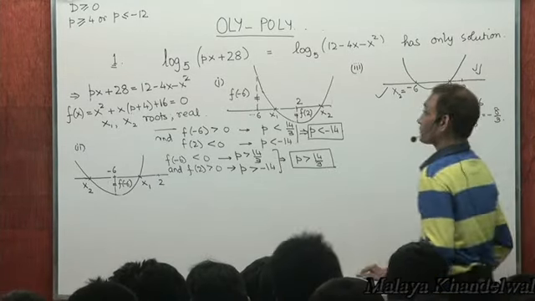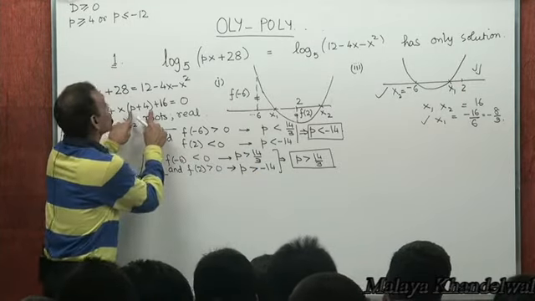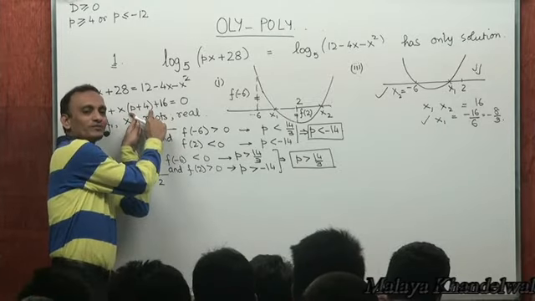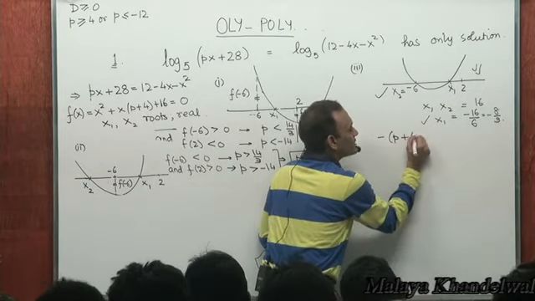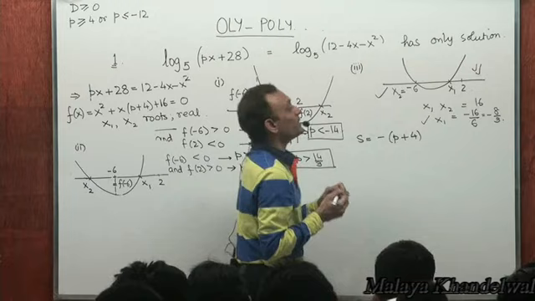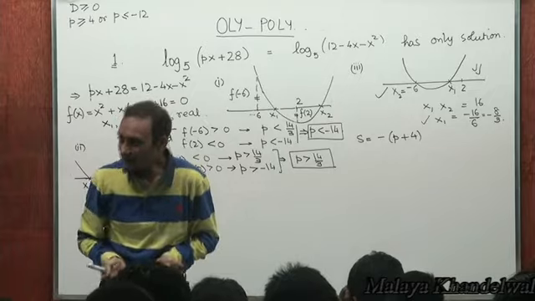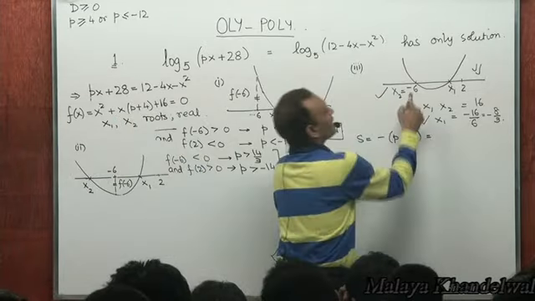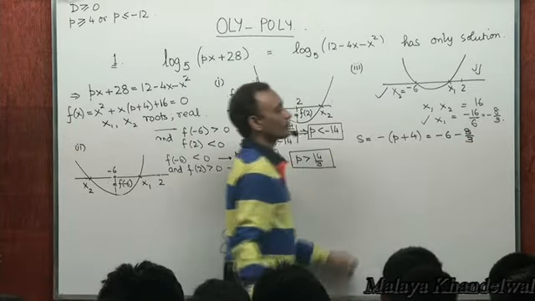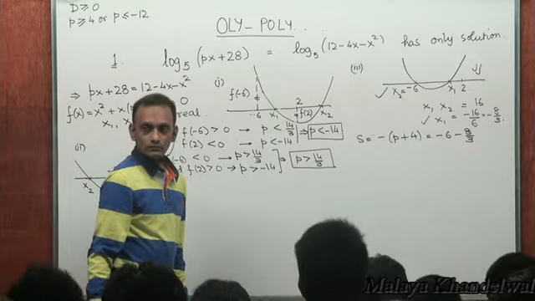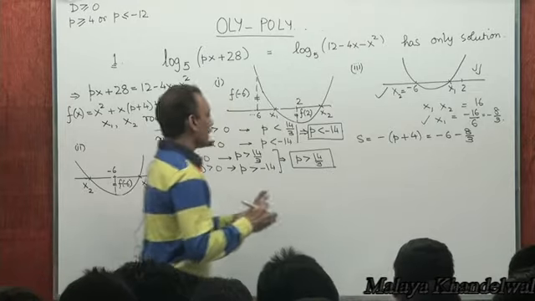Now, if these are the two roots, I can find the value of p, because the sum of the roots is minus of p plus 4. That's the sum of the roots, and that must be x1 plus x2, meaning minus 6 and minus 8 by 3. In fact, I'll tell you one thing.